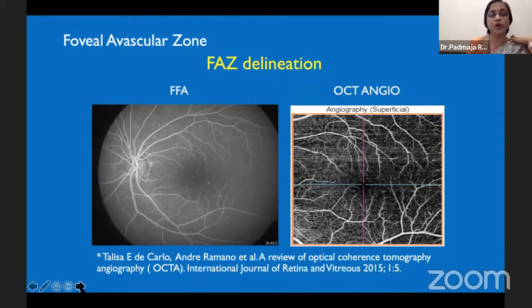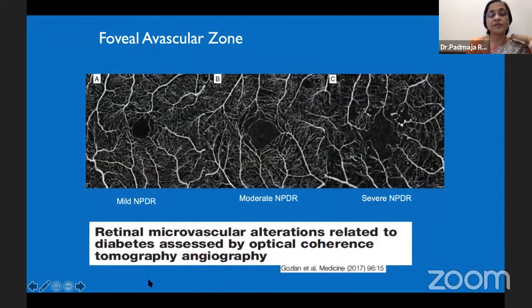That is OCTA. And similarly, playing a very important role, just based on OCTA macular scans, one can classify it, because the normal foveal avascular zone should be intact and the margins should be very clear. But based on the OCTA, one can classify diabetic retinopathy severity.